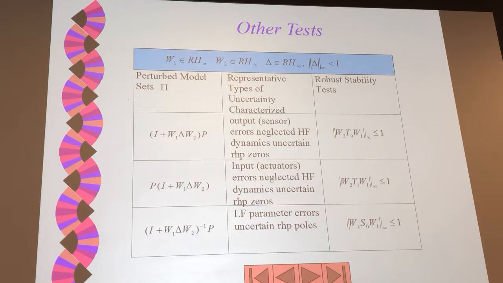Sometimes we may say high frequency, low frequency dynamics, and RHP zeros. RHP stands for right half plane. Again, I hope you never use unstable zeros, because a zero has nothing to do with stability. So you should not say unstable, you should say right half plane zeros. These are talking about high frequency dynamics, low frequency parameters, and so on and so forth.